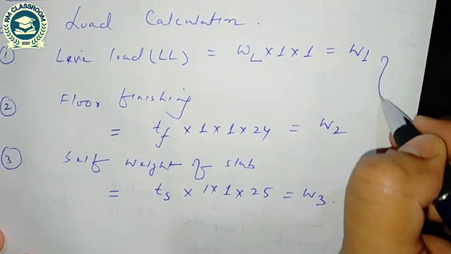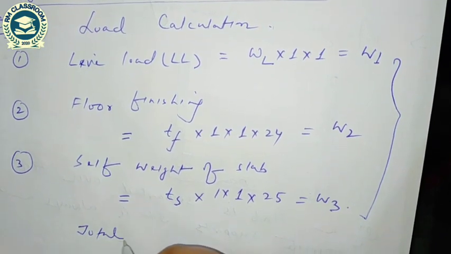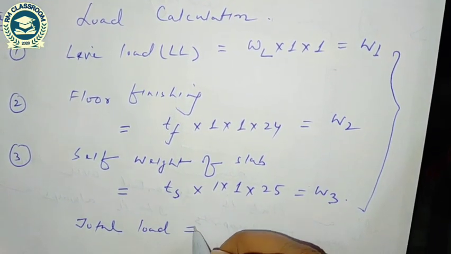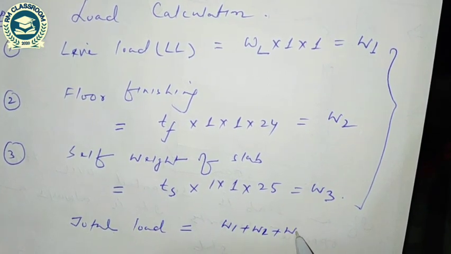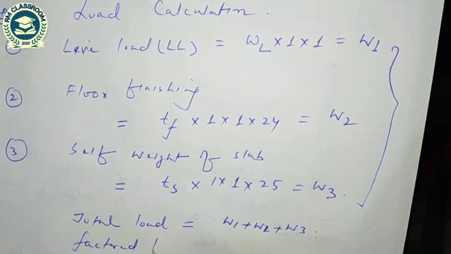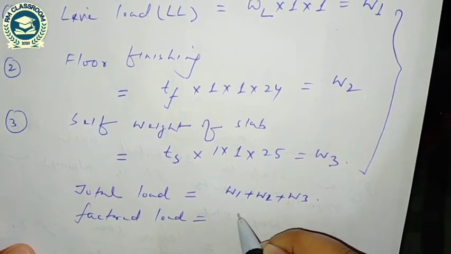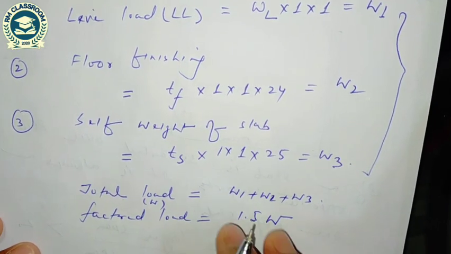So this is the total load. Total load acting on one-way slab is the sum of W1 plus W2 plus W3. So factored load can be computed. Factored load is equal to 1.5 times total load W.